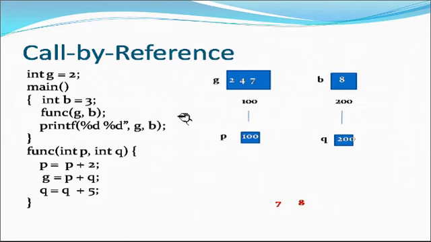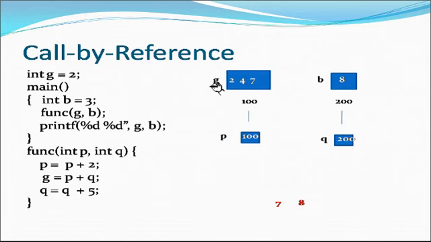Now let's look at call by reference. As I already said, the address of the actuals will be given to the formals. We don't write in C in this fashion, we attach a star, but I already said I'm not interested in the language or the syntax. We are just understanding the concept.